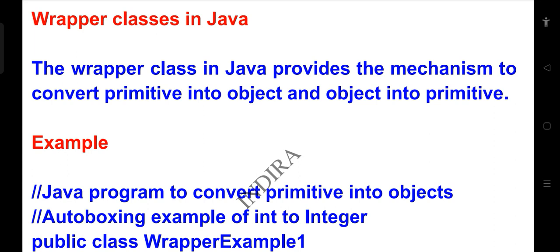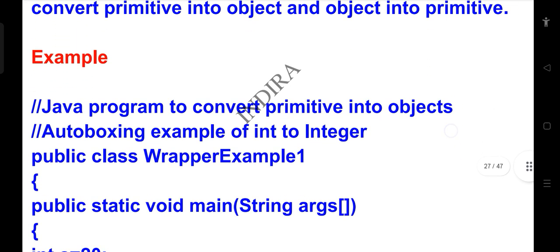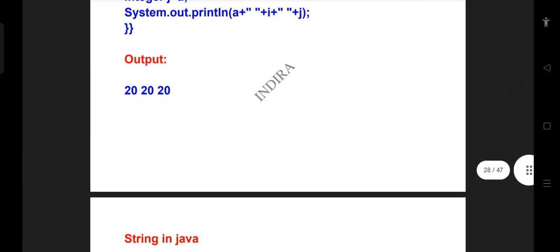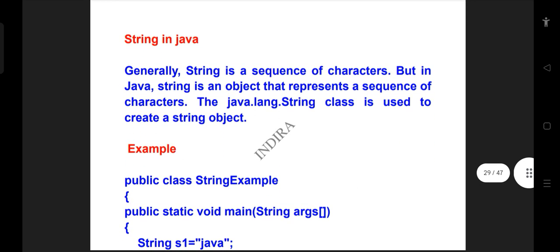Float comes under decimal, whereas boolean means true or false conditions; these all come under primitive. This type of data is converted into object and object into primitive. This process is known as wrapper classes, and the example or program for wrapper classes is here, with the output of that program.